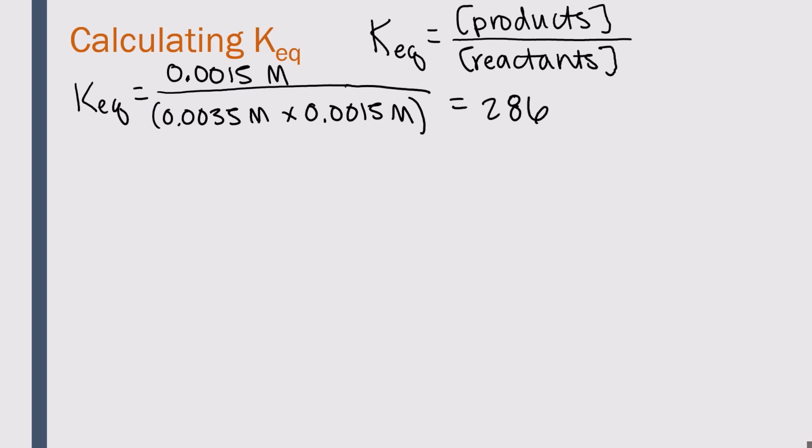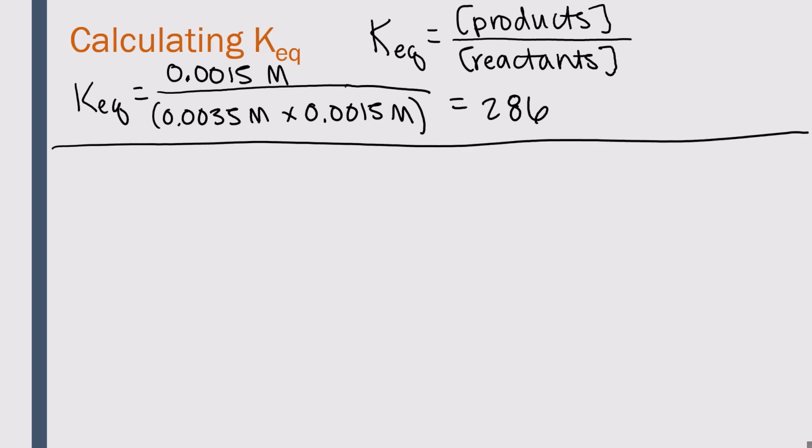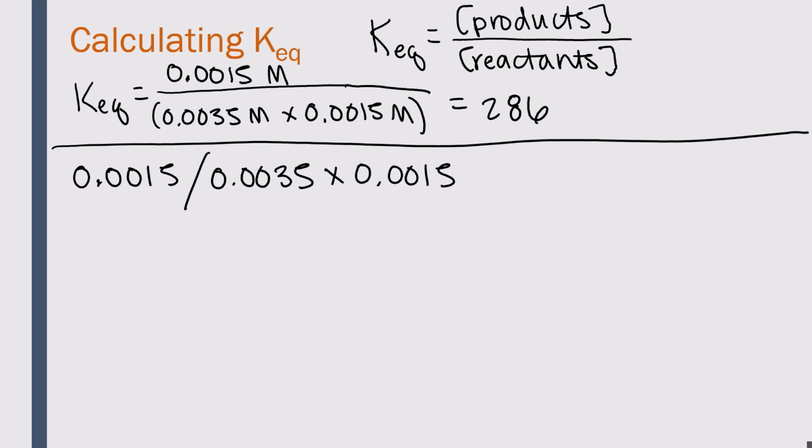Now, one of the biggest mistakes that we see in this lab is actually in the usage of the calculator. So imagine you're typing this into your calculator. There's a couple different ways that we see people type it out. The first way is typing in 0.0015 divided by 0.0035 times 0.0015.